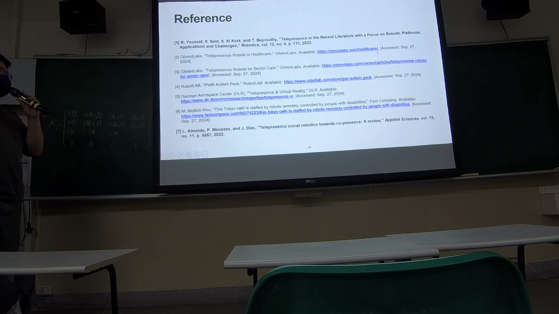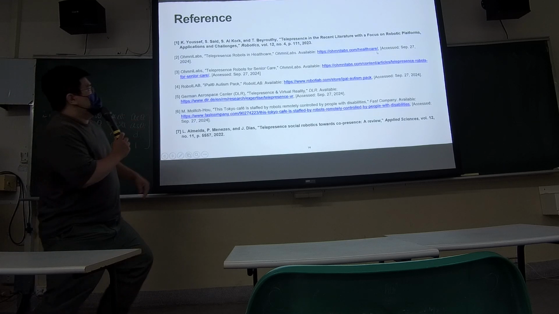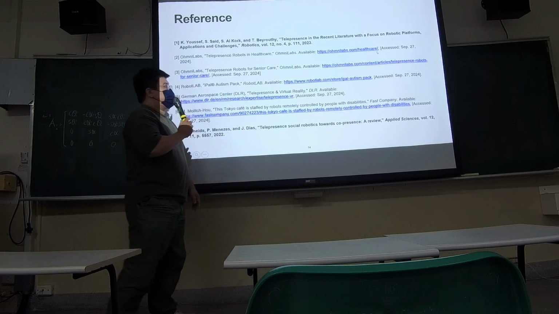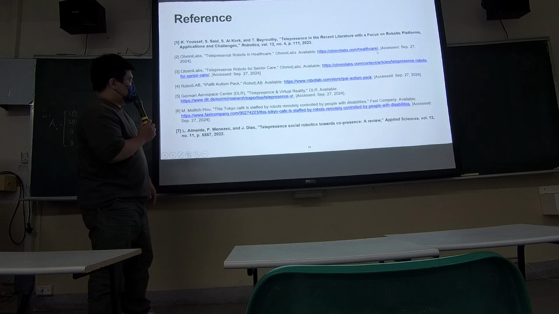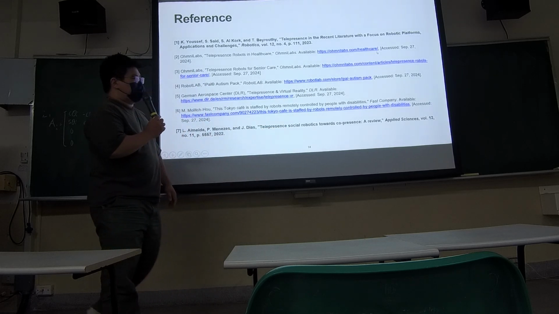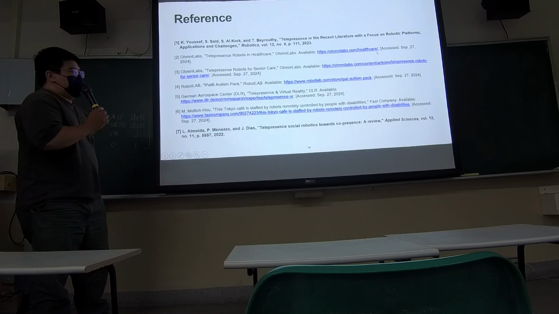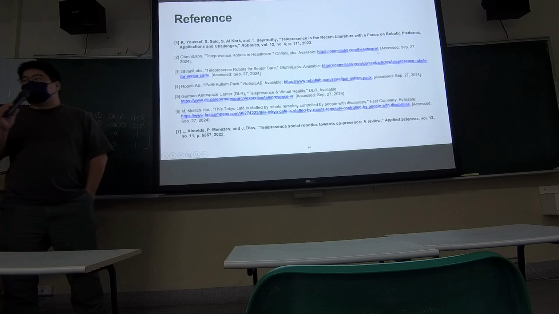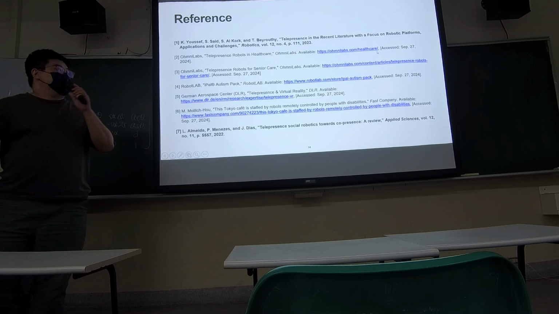So our references are these two review papers. The first one, Telepresence in the Recent Literature with a Focus on Robotic Platforms, Applications and Challenges. And the second one, Telepresence Social Robotics towards Co-Presence: A Review. These two gave us so much inspiration for this report.